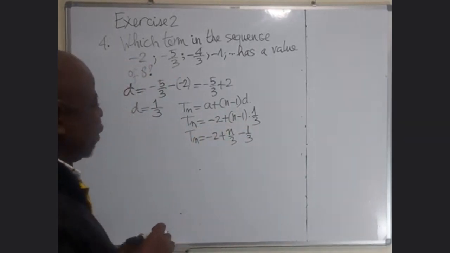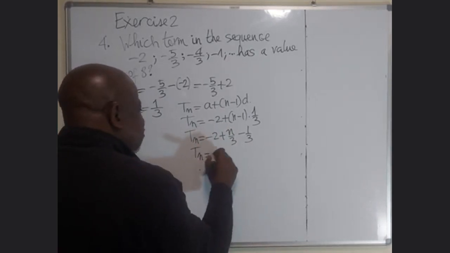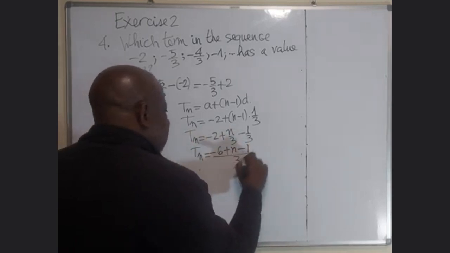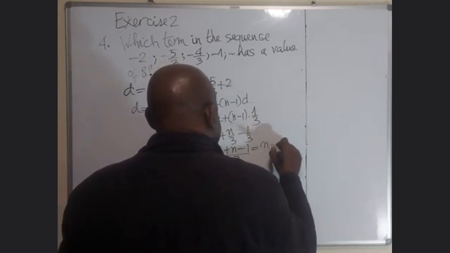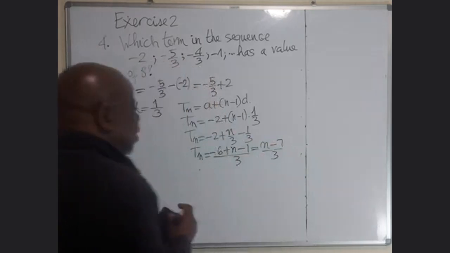So getting our common denominator, Tn will be equal to negative 6 plus n minus 1 over 3. Then we get n minus 7 over 3.